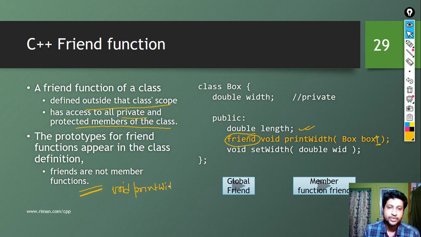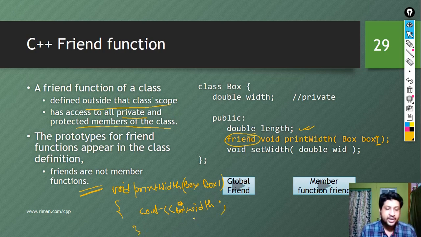print width, with box 1, and suppose cout width, obviously box 1 dot width.